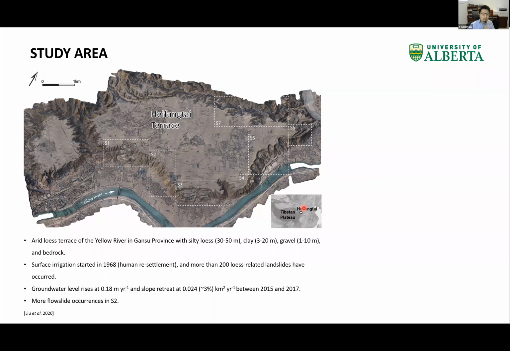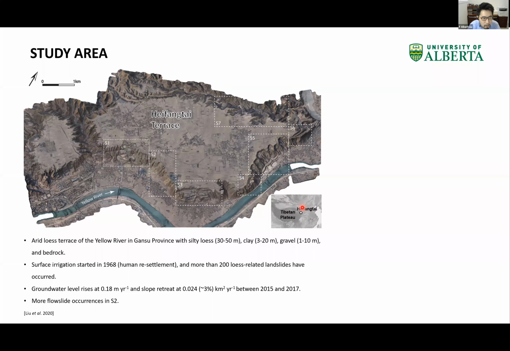So for the study area, this is showing the location of the study area in China. This is a loess terrace with a rather simple geological profile. You have the overlying loess, the impermeable clay layer below that, then the gravel, and the bedrock. And here you have the irrigation problem, which started in 1968 because of the human resettlement. We have observed or reported more than 200 loess landslides on that terrace since 1968.